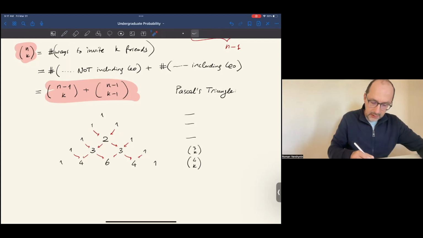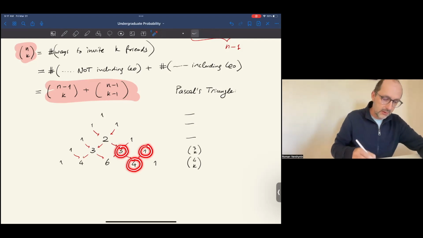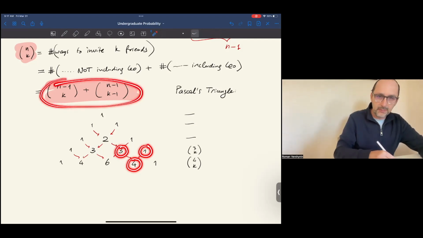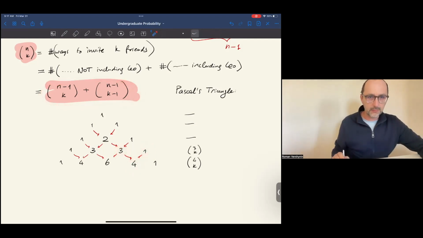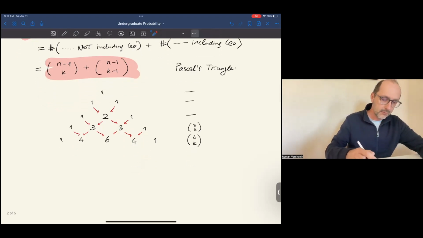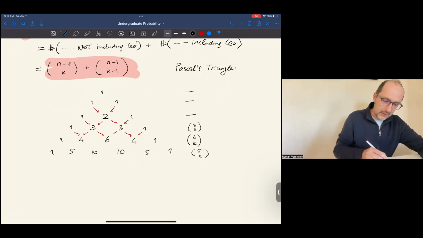To get a 4 choose k, I just sum the 2 binomial coefficients in the previous level. And that is that sum. Just think about it, you will see it's the same formula. Let's practice one more level. 1 plus 4 is 5, 4 plus 6 is 10, 10, 5, and this is 5 choose k.